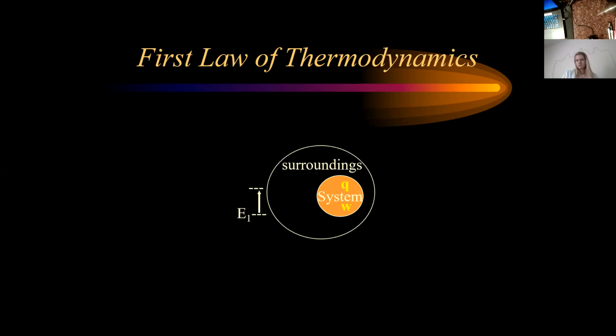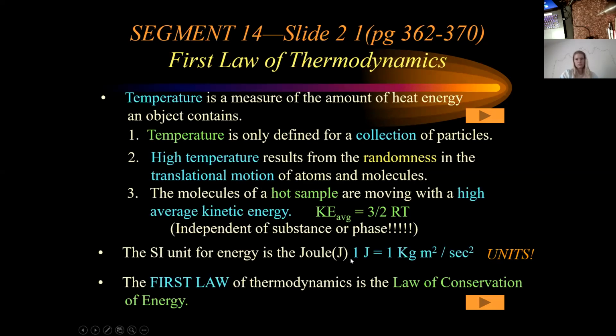And if I put some heat in and do some work, I'll move the internal energy of the system up with both the heat and the work. And I'll go from this initial state before any went in to this final state when both went in. And that change in energy then is equal to the heat supplied plus the work done.